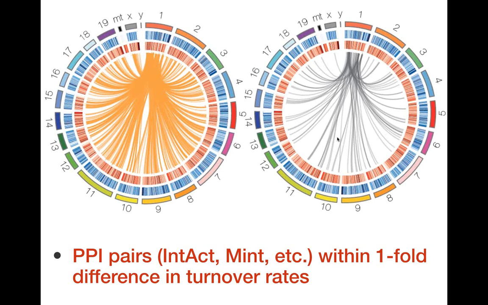So if protein-protein interactions were orthogonal to turnover, then you would expect to see more gray lines here. But the vast majority of protein-protein interaction pairs were actually between proteins with very similar turnover rates.